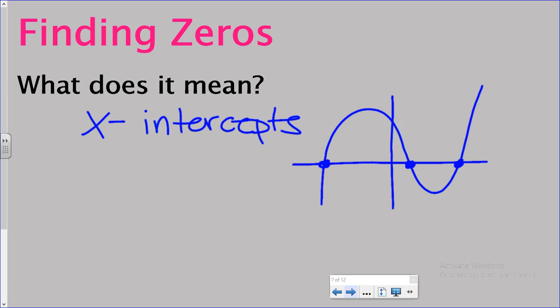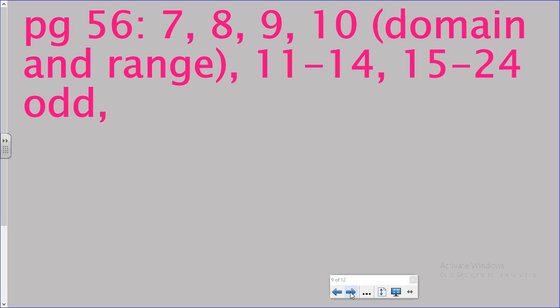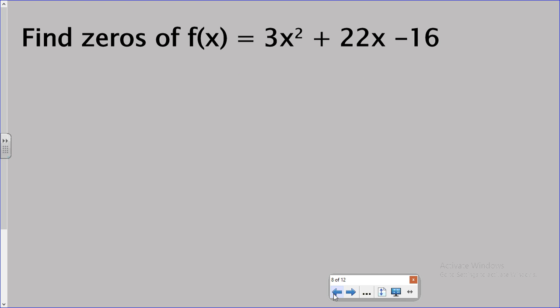So if I ask you to find a 0, go ahead and write this down. F of x equals 3x squared plus 22x minus 16. If I ask you to find a 0, then I'm asking you to find where, what did you say, Nick? Where y equals 0.